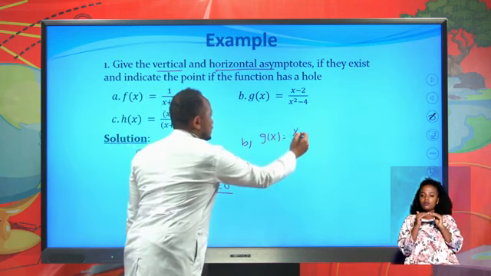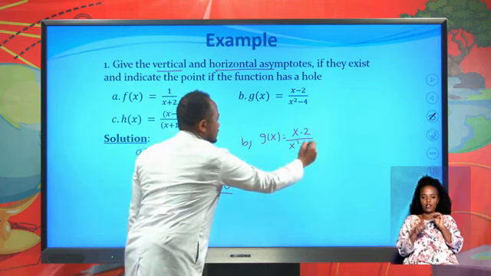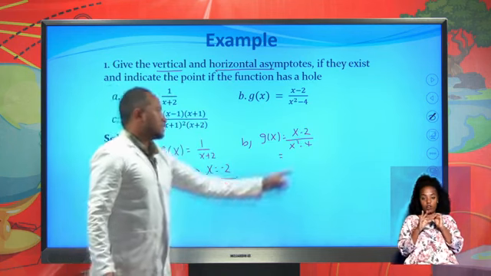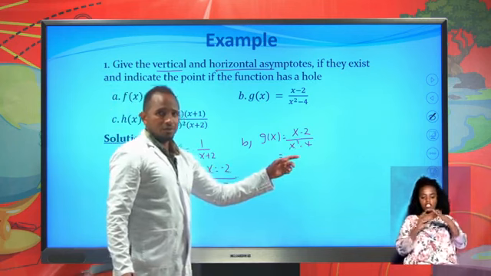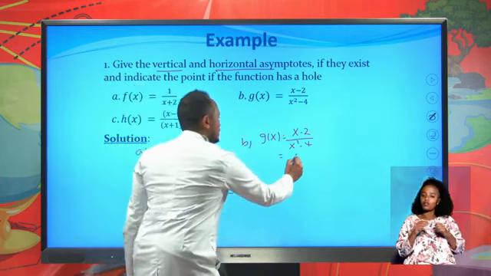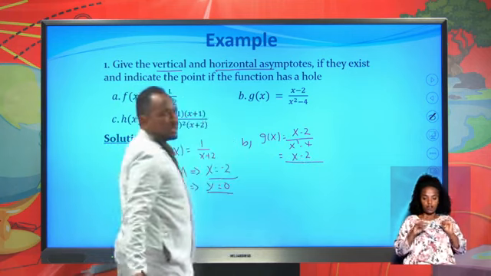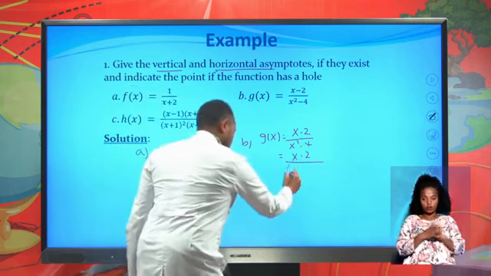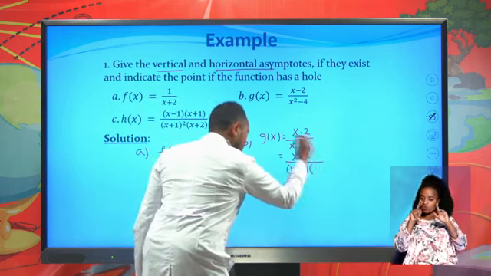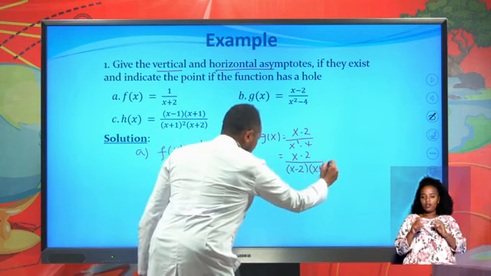g of x is equal to x minus 2 over x squared minus 4. To find the asymptote, first let's factorize the denominator, to see whether this will be simplified or not. So x minus 2 divided by x squared minus 4 means it is x minus 2 times x plus 2.